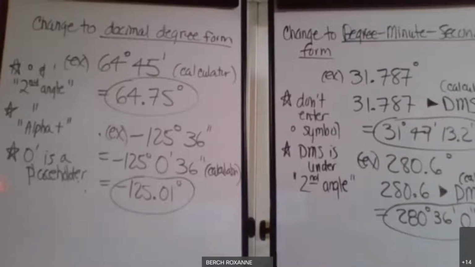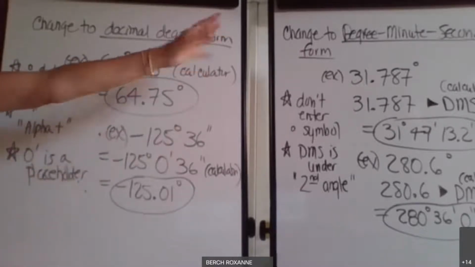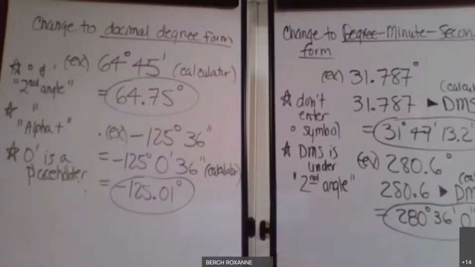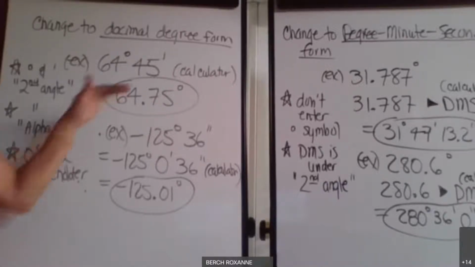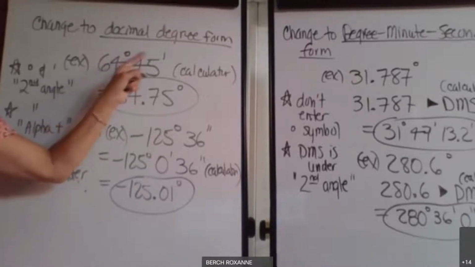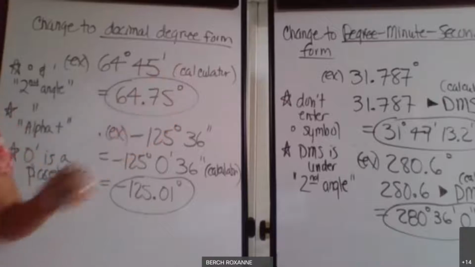All right, does anybody have a question about how to convert from degree minute second form to decimal degree, or from decimal degree to degree minute second? Okay, does everybody understand the difference between the two looks? This is degree, minutes, seconds. This is decimal degree.